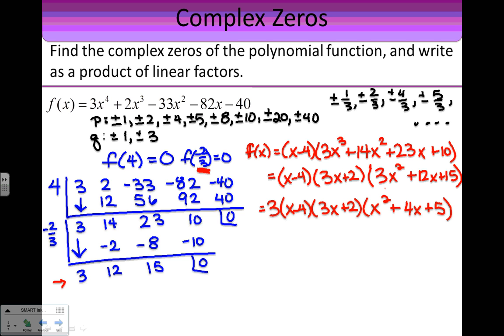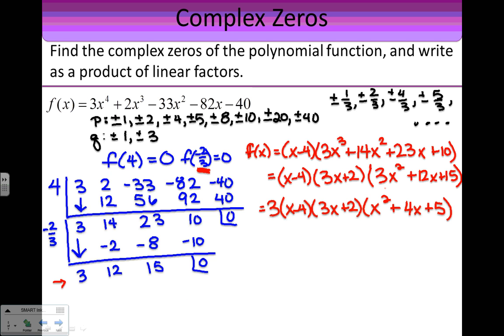So double check, is x squared plus 4x plus 5 factorable? It is not factorable, so we're going to need to complete the square. So I'm actually going to come down here and complete the square.